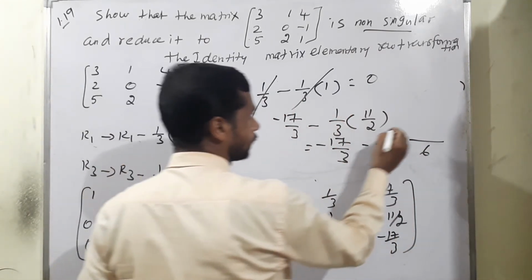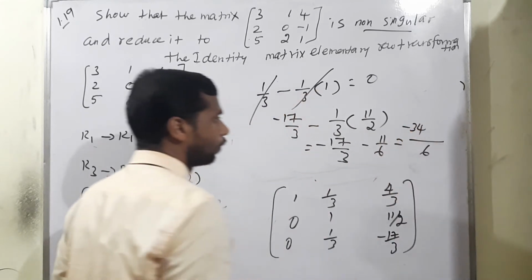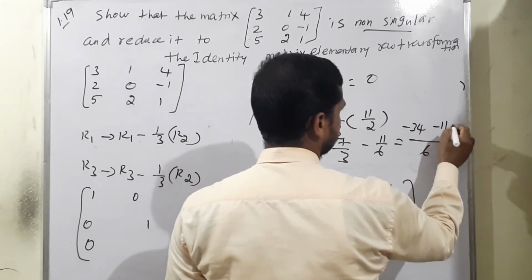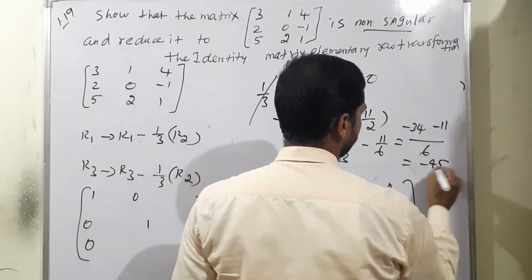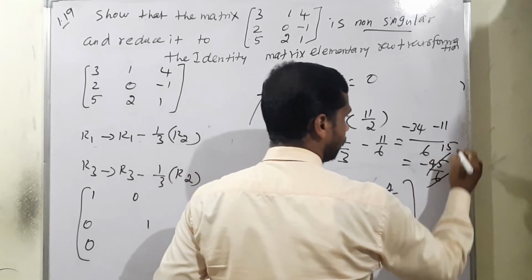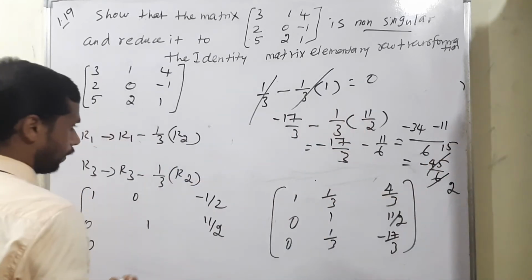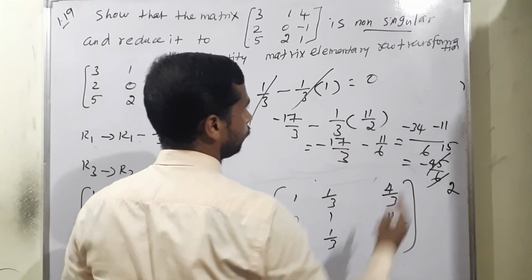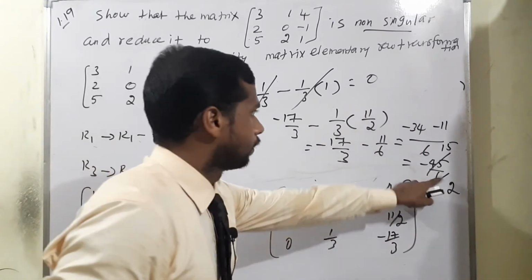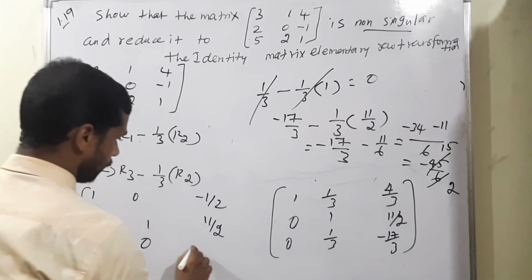Minus 17 into 2 means minus 34. Next condition, minus 11, isn't it? Therefore we can say minus 45 by 6, which is minus 15 by 2. Therefore here we can write it 0, and minus 15 by 2, isn't it?